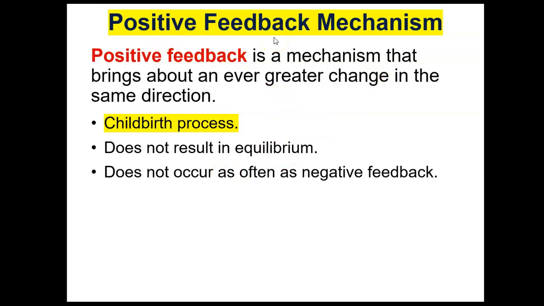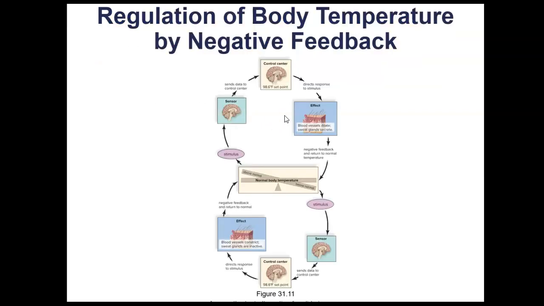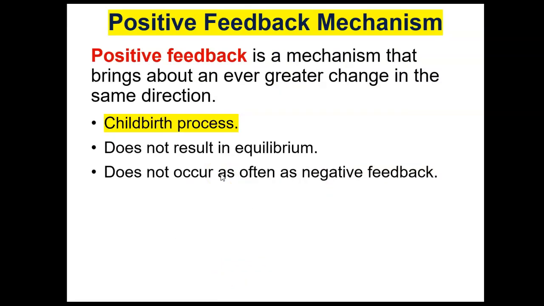Positive feedback is a little bit different. When we were looking at negative feedback, the stimulus was temperature rises, and the response is to do the opposite of that, to negate that stimulus. If the temperature rises too high, the response is to lower it. If the temperature decreases, the response is to increase it. But in positive feedback, it's the opposite.